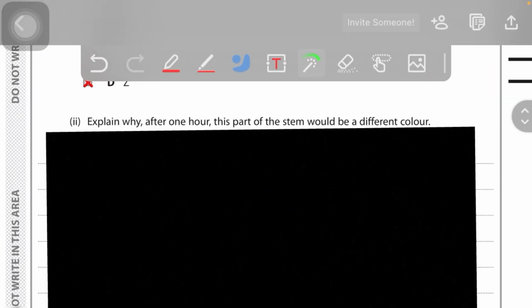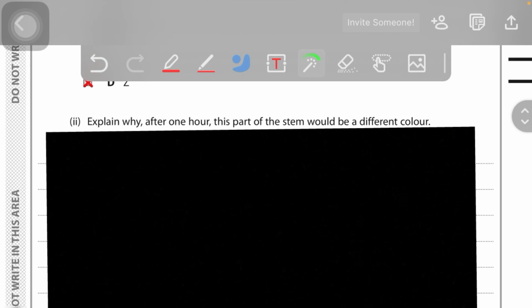Okay, question A2. Explain why after 1 hour this part of the stem would be different. Okay, so as I said before, as this is a xylem, it transports the water or mineral ions from the roots to the upper body, I mean the leaf.